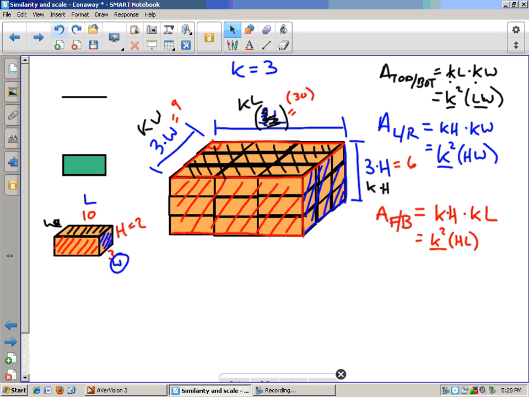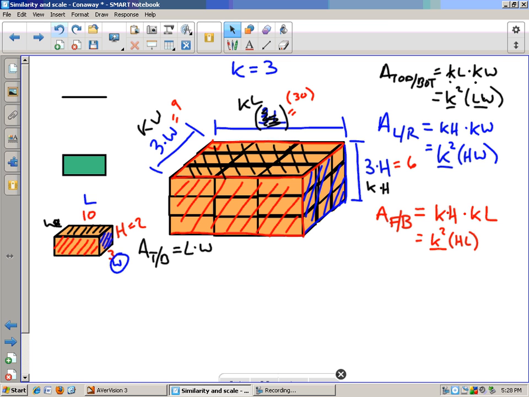After we multiply all these by K squared, let's talk about adding the surface areas up. The original area of the top and bottom was length times width.